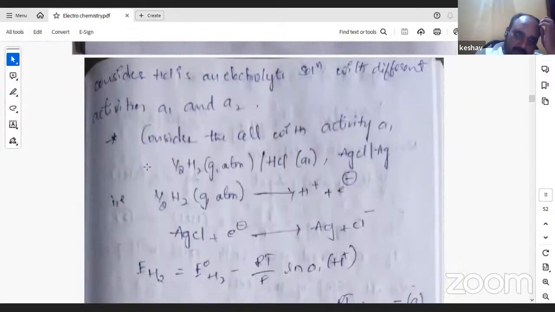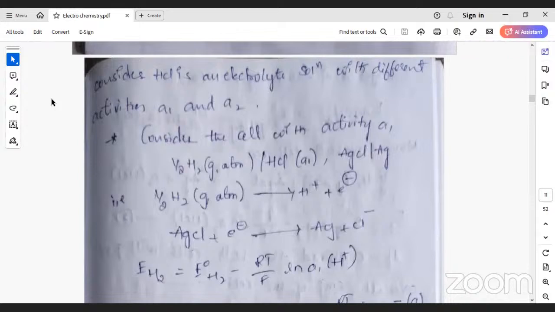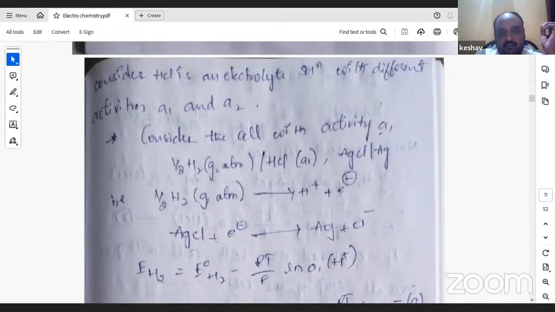Consider one cell with activity A1. That means hydrogen is dipped in HCl, whose activity is A1, and which is connected with the chloride electrode, that is silver chloride by silver.